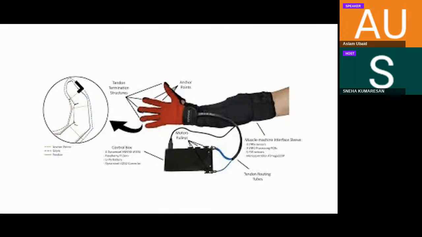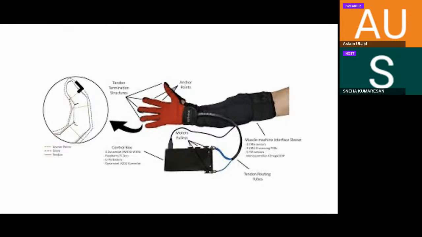So when we move a muscle or a joint, that flex sensor flexes and produces an electric signal. At the same time, an EMG sensor will sense the EMG signal that is responsible for that precise movement, and we correlate both these signals, and that's how we train our model.